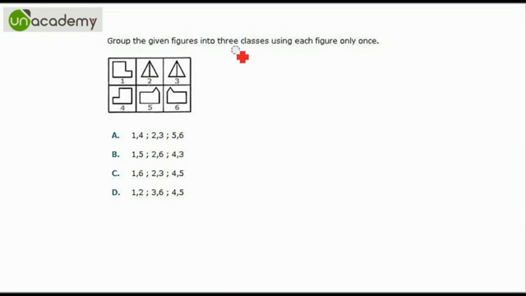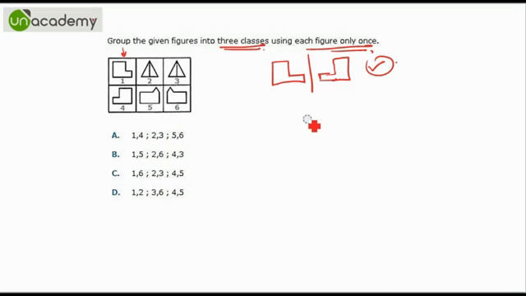We have to group the figures into 3 groups using each figure only once. So if we see column 1, we see that they seem to be mirror images of each other. This is a mirror image. These two are mirror images.